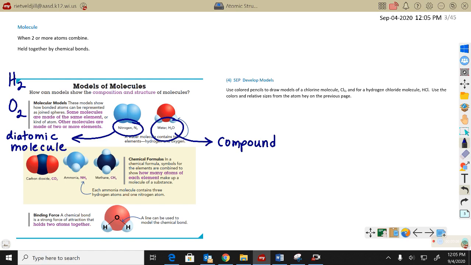But we might break that into two different groups. Like these are both molecules. We might call nitrogen a diatomic molecule, meaning that it's two atoms of the same element. And more specifically, I might refer to water as a compound. That indicates that there are atoms of different elements that join together.